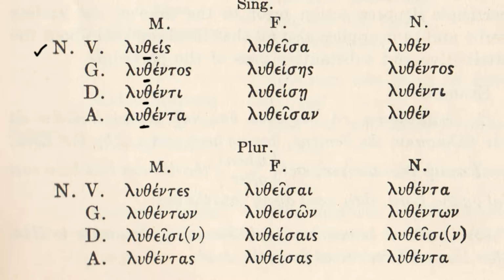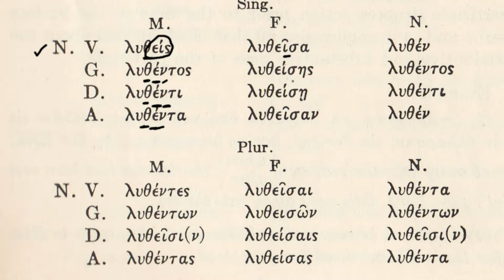The second thing to notice here, of course, is that the accent shows up on the ultima and stays essentially on that syllable throughout the declension. So luthes, luthentos, luthenti, luthenta stays right there on that particular syllable.